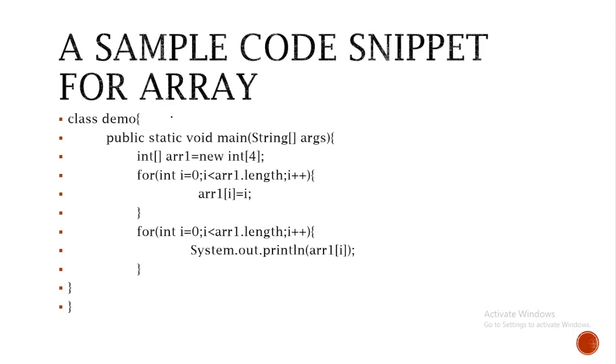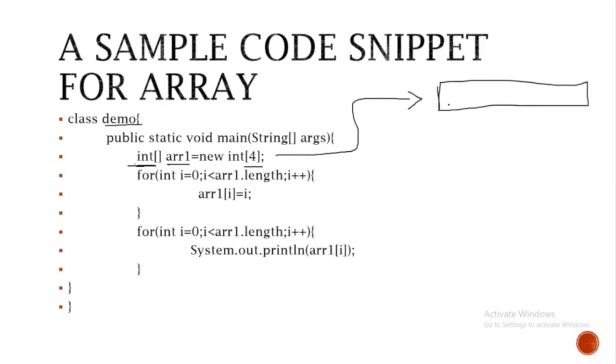Let's understand this. We have a class Demo and a main method. In this line, we are creating an integer array because we've specified the type int, and the name of the array is array1, and the size of the array is 4. Let's understand it this way. This line creates an array in memory having 4 blocks, 1, 2, 3, 4, because the size here is 4.